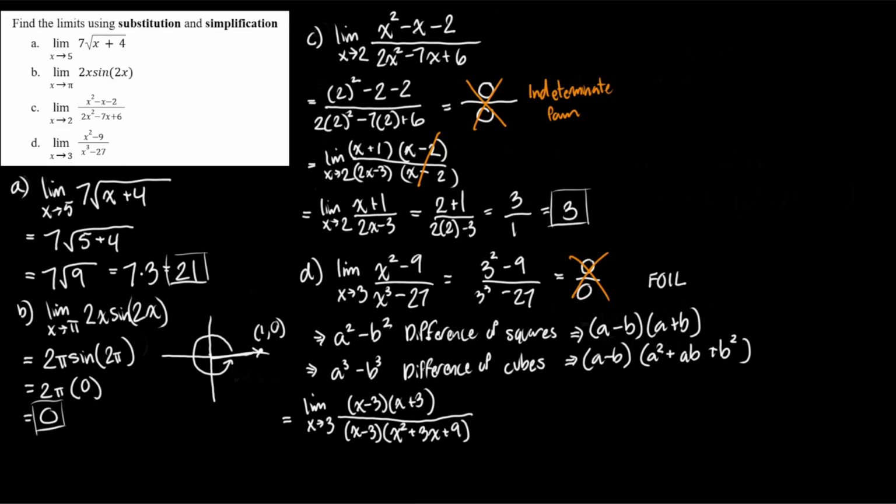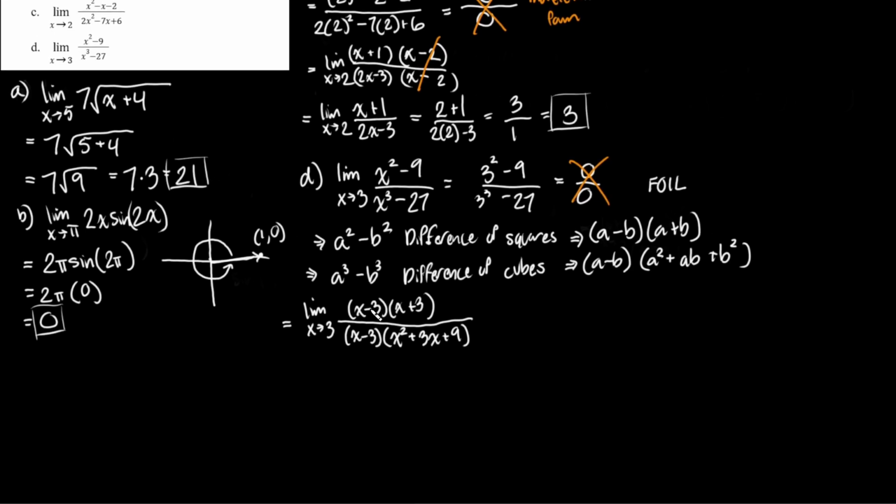And voila! Maybe you've noticed we can get rid of this x minus 3 part. We've simplified our limit. It becomes the limit as x goes to 3 of x plus 3 over x squared plus 3x plus 9. If you do direct substitution now, we get 3 plus 3 over 3 squared plus 3 times 3 plus 9.